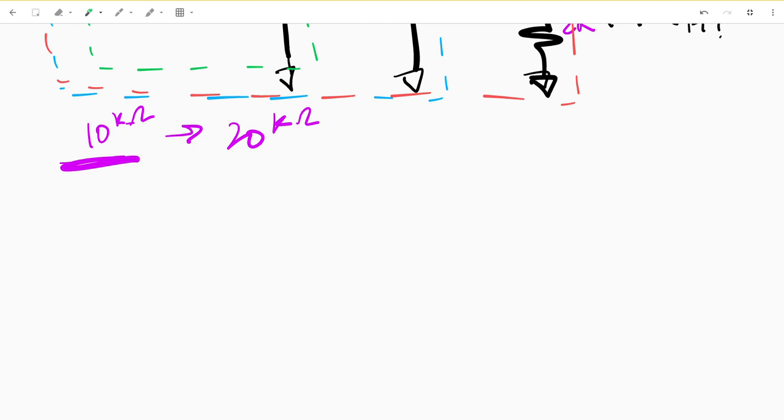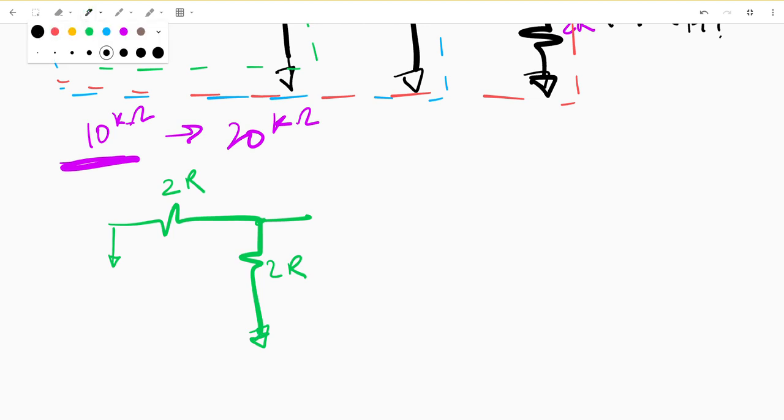And R1 is just a circuit that is made up of a 2R resistor and another 2R resistor. And from our knowledge of adding resistors with a common node attached to it, this is in parallel.